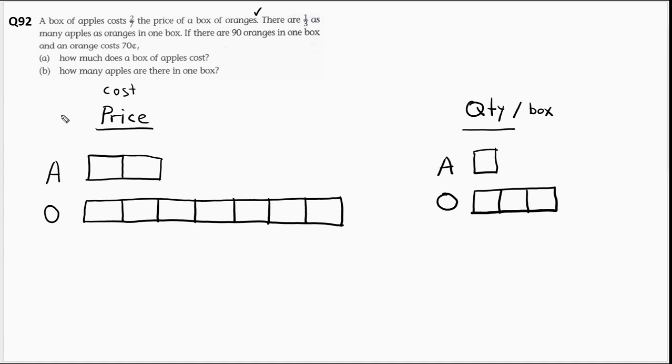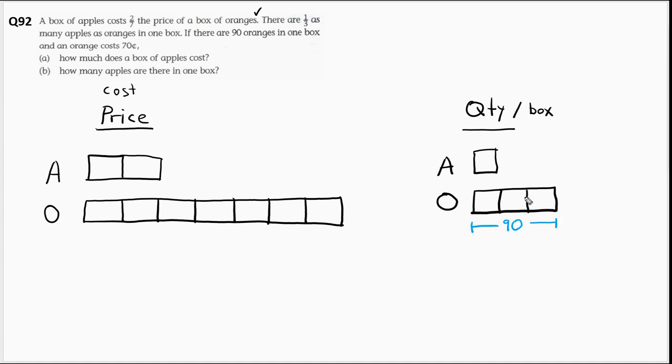Completely different. Right, so where are we? Let's look at the information that we're given. If there are 90 oranges in one box, so this is the model about quantity, and they've now told us that this box, remember this was one box, there are 90 in a box of oranges.